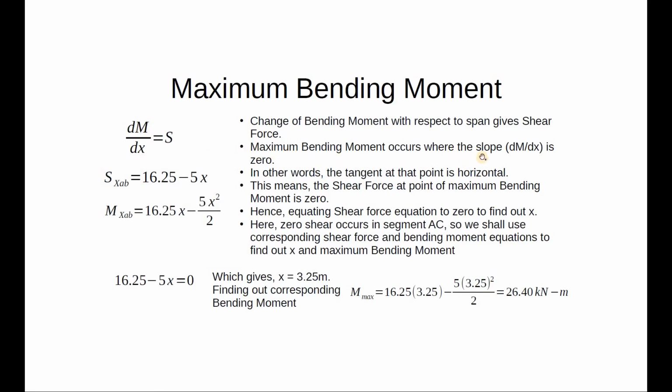Maximum bending moment occurs where the slope dM over dx is 0. In other words, the tangent at that point is horizontal. This means that the shear force at the point of maximum bending moment is 0. Hence, we will equate the shear force equation to 0 to find out x.